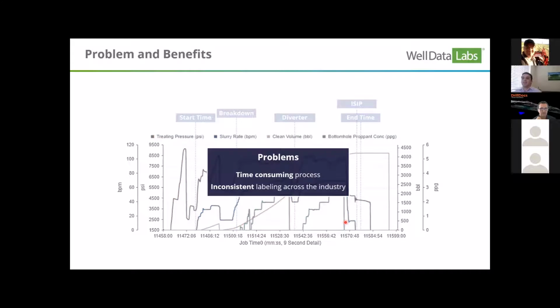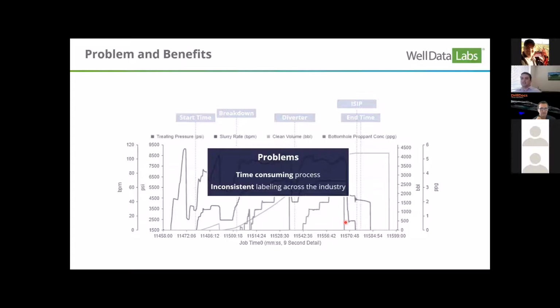And the problem here is that this is a very time-consuming process. So think about multiple wells with multiple stages. You're gonna have people labeling all these stages throughout the day. And if you have multiple crews, then 2 or 3 engineers will come and label these events.